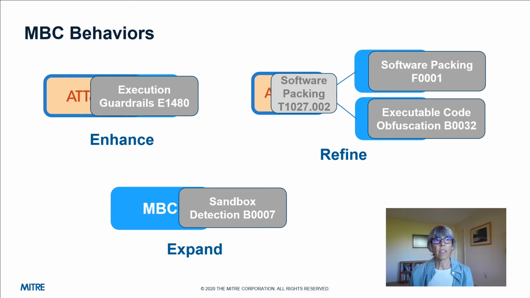ATT&CK relates to both what we think of as packing from a malware perspective, as well as obfuscation of executable code. We've separated those, and there are two different behaviors in MBC. And then when there is no ATT&CK technique for a behavior that's needed to support a malware analysis use case, we define a new MBC-only behavior. And it's been interesting because ATT&CK has grown over the years to include techniques that MBC had already defined.